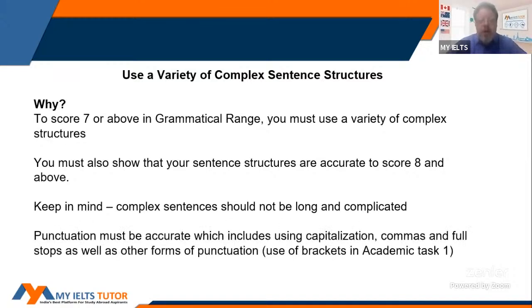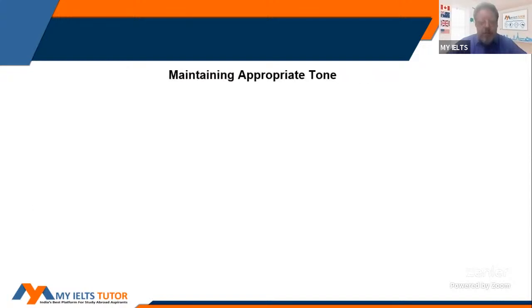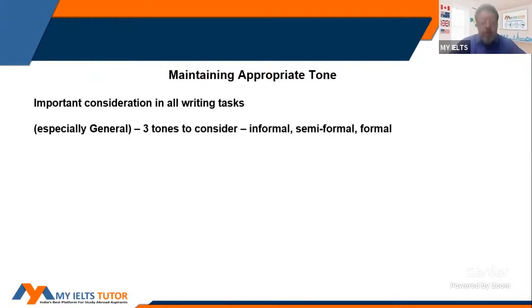And then punctuation. Keep in mind, punctuation must be accurate. It's really important that your punctuation is accurate. And then maintaining appropriate tone. This is important because it's an important consideration in all the writing tasks. First of all, in general, you have 3 tones to consider: informal, semi-formal, and formal.